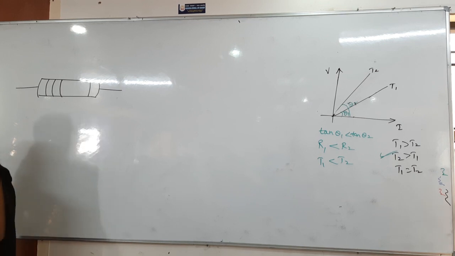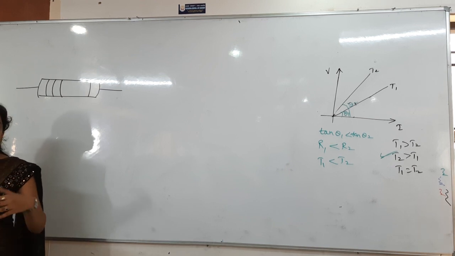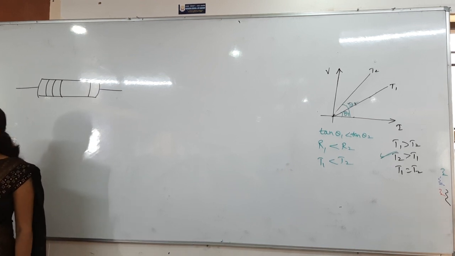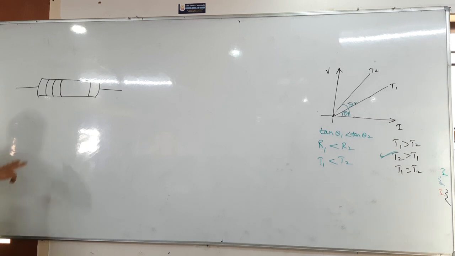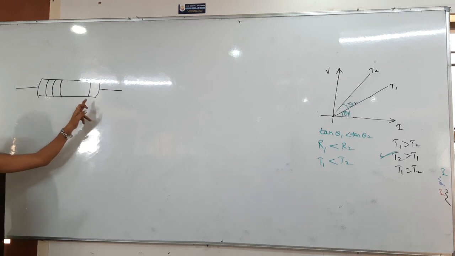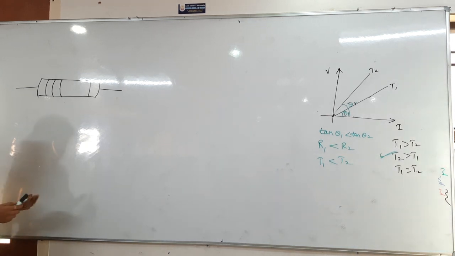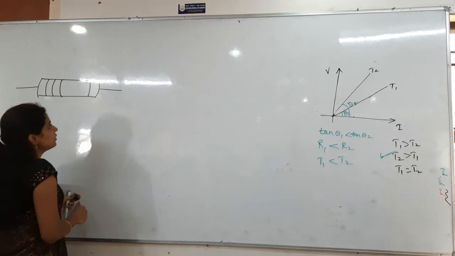How much heat it can bear, how much heat it can tolerate. 5% of the heat, or otherwise 10% of heat, or 20% of heat, like that it will be there. So for the first two stripes you write the numbers as it is, then for the third stripe you raise the power of 10, and the last stripe gives you the tolerance of the resistor, whichever we have taken here. So, color coding, do you know that?